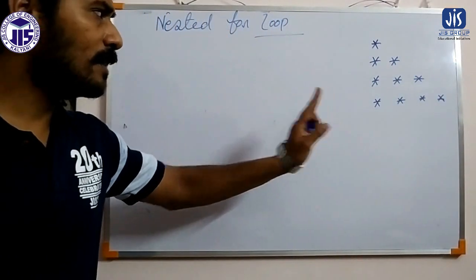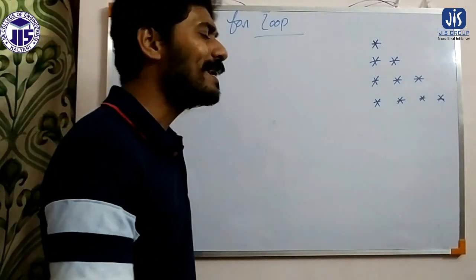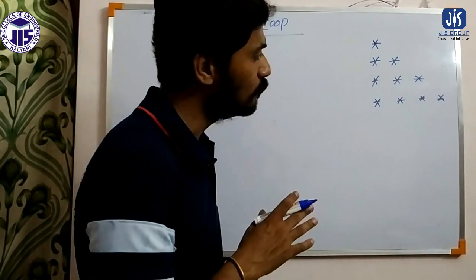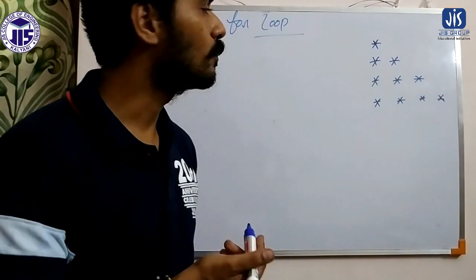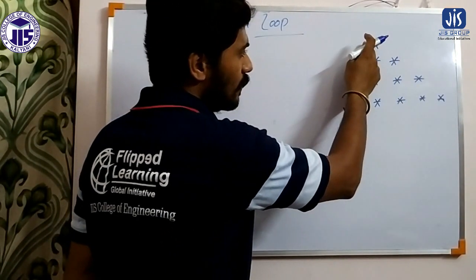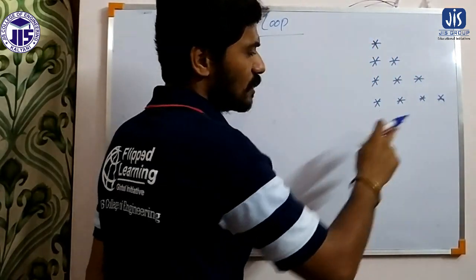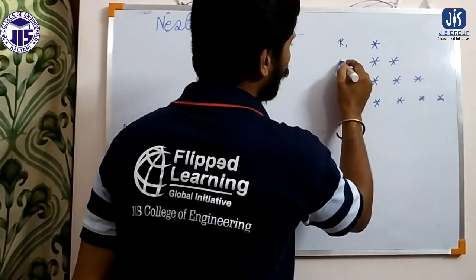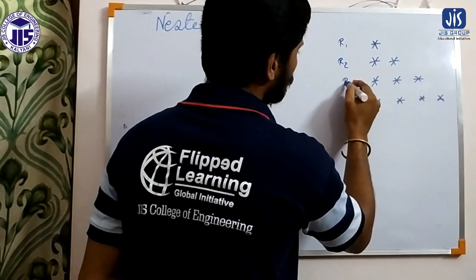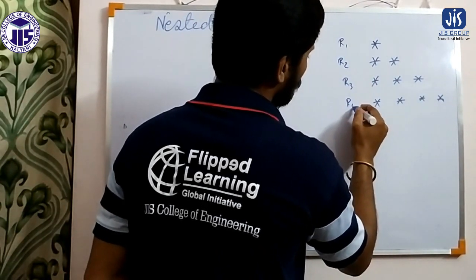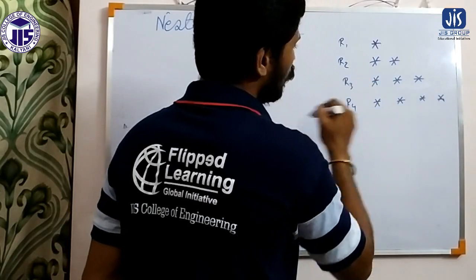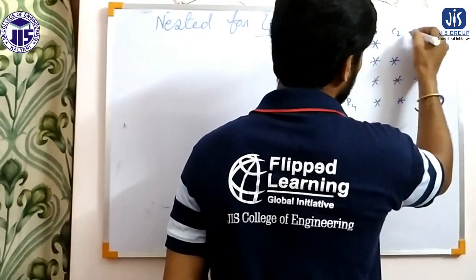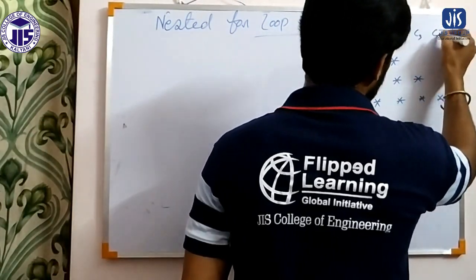So first let us analyze why nested for loop is required here. How will you identify that to solve this problem we have to use nested for loop? If I consider this as a matrix, you can see here 4 rows: row 1, row 2, row 3, row 4, as well as 4 columns: column 1, column 2, column 3, and column 4.